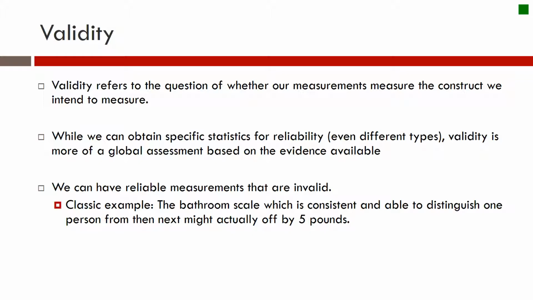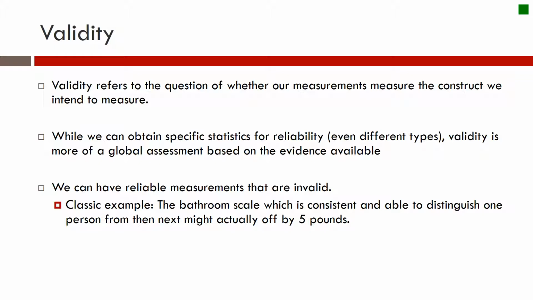Here is an example that shows the interplay between reliability and validity. Imagine you have a bathroom scale that consistently measures how heavy a person is. However, imagine that the scale was exactly 5 pounds off.